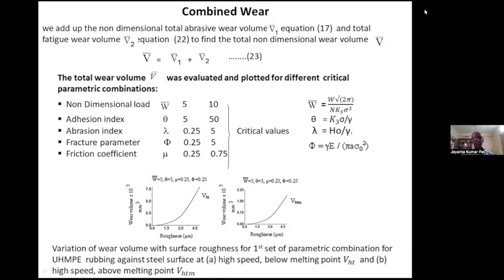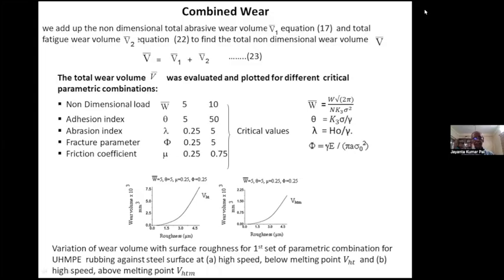Now, since in polymer wear, abrasion due to roughness is an important issue, we first plot the dimensional total wear load against the roughness. Normally, in such cases, non-dimensional loads are plotted, and that is why we have developed equation 23.